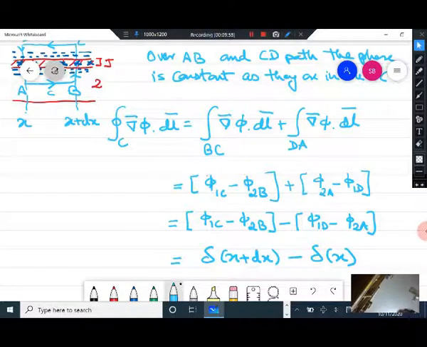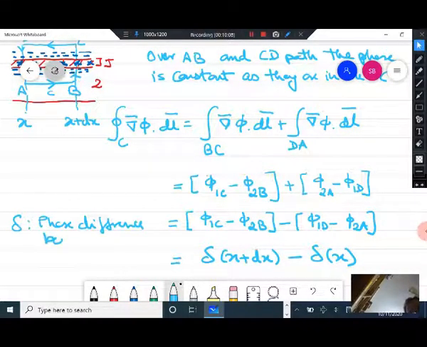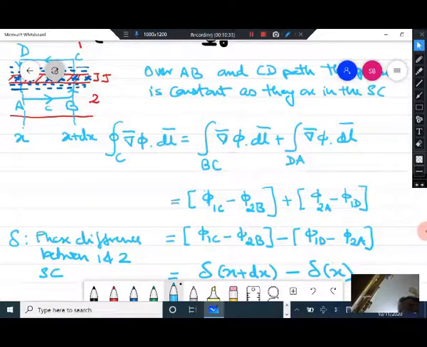You know that the Josephson junction is related to the phase difference between the two superconductors. Delta represents the phase difference between the 1 and 2 superconductors. So at x plus dx, the phase difference is phi 1C minus phi 2B, and the phase difference at x is phi 1D minus phi 2A. Okay, that is the phase difference.